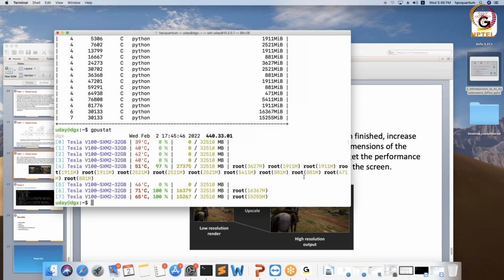So this is a way of trying to actually see it in a different format instead of trying to use NVIDIA SMI. So these are certain things which you can go on trying and then do things.